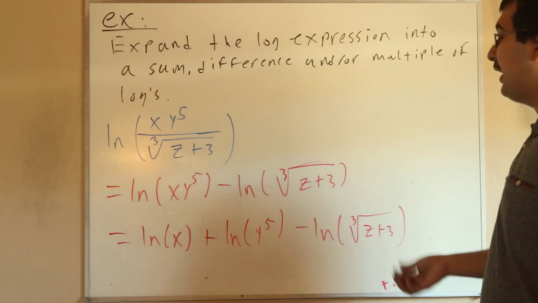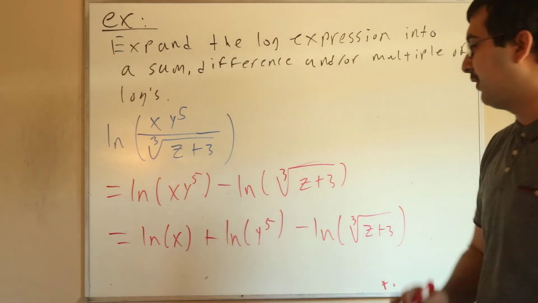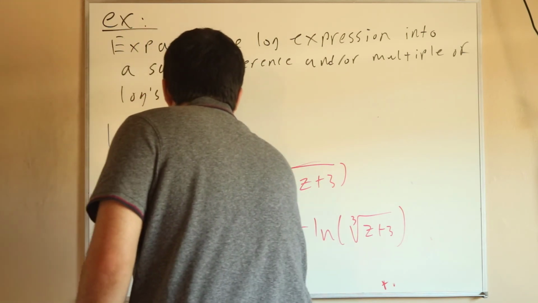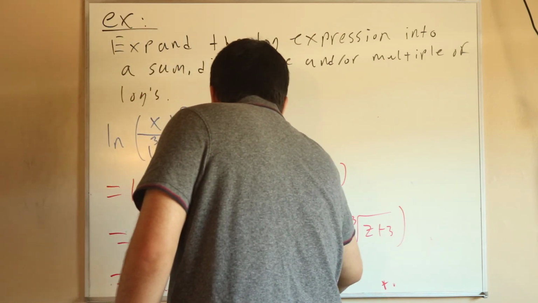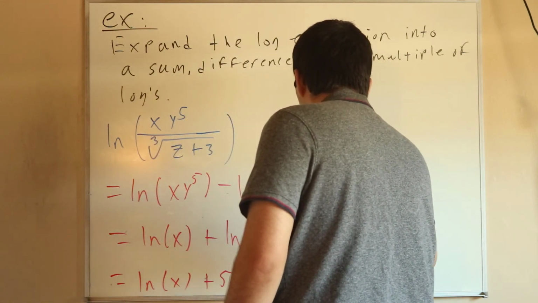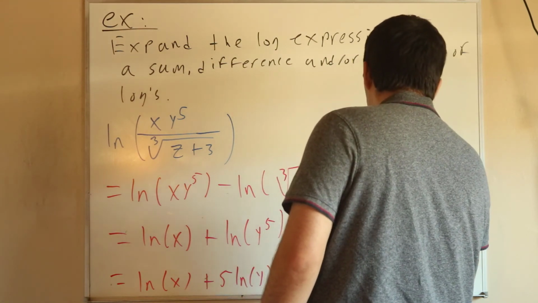Let's use the power property to bring these two coefficients out to the front. Doing that, we get ln of x plus 5 ln of y minus 1/3 ln of z plus 3. And there you go.